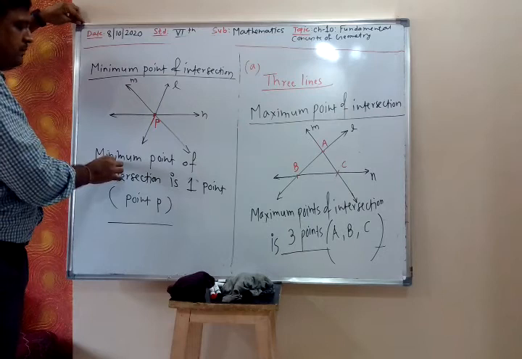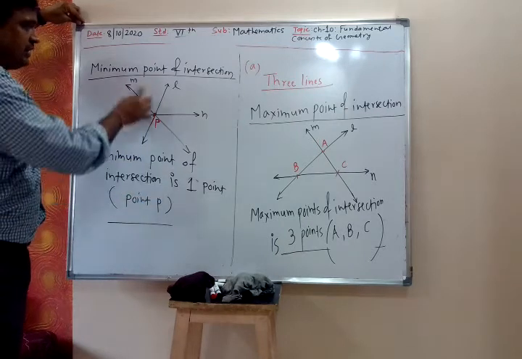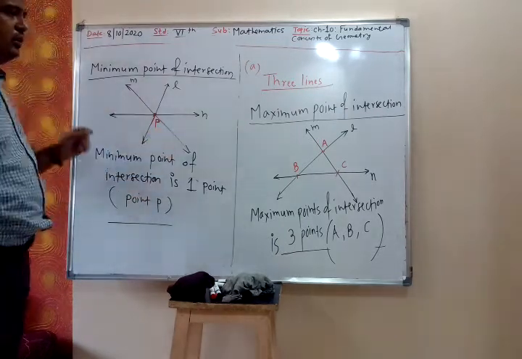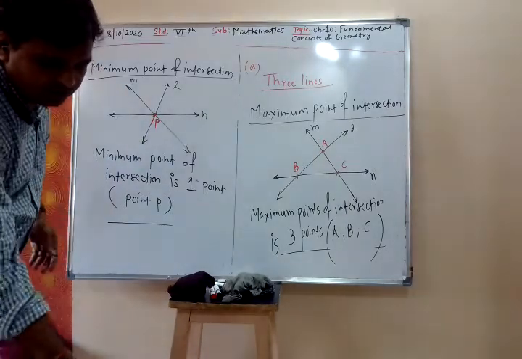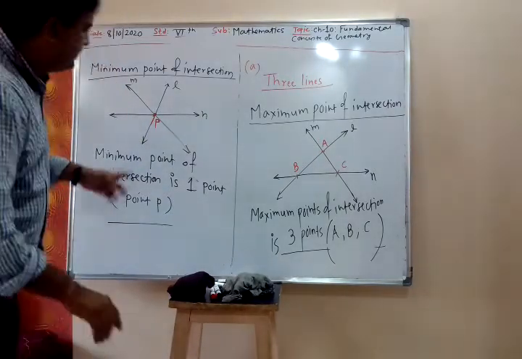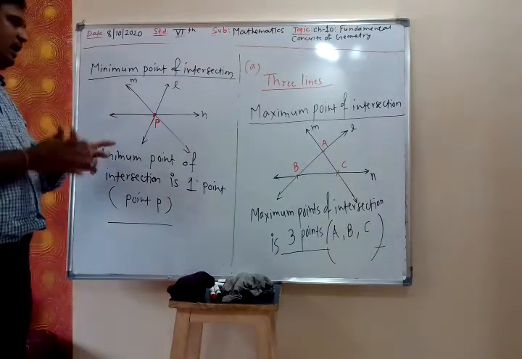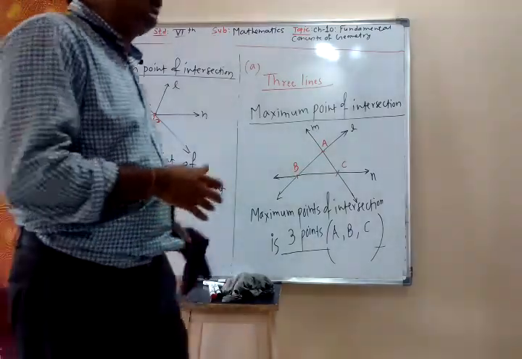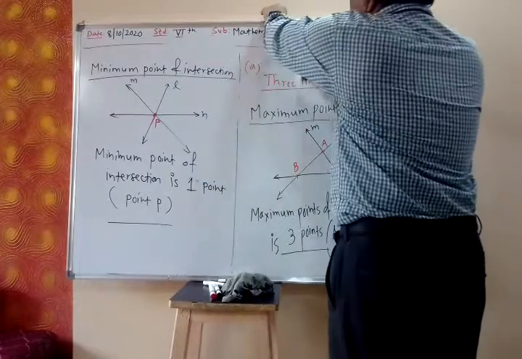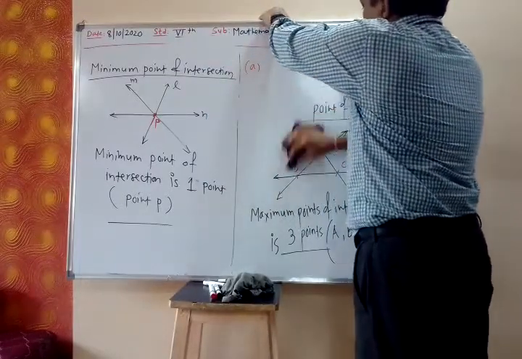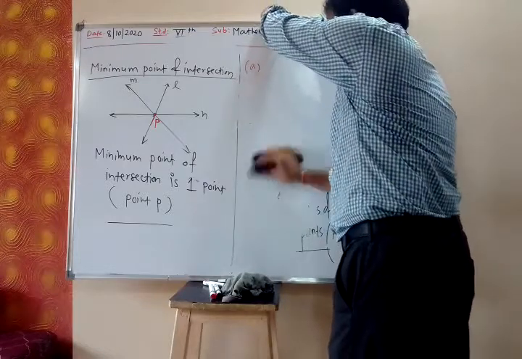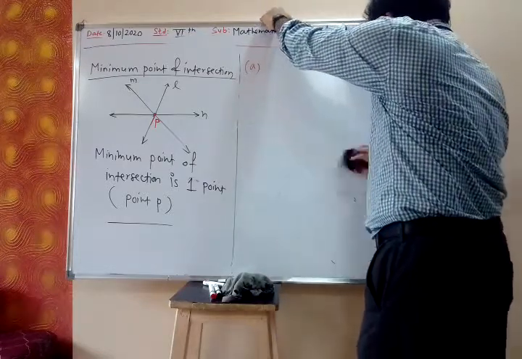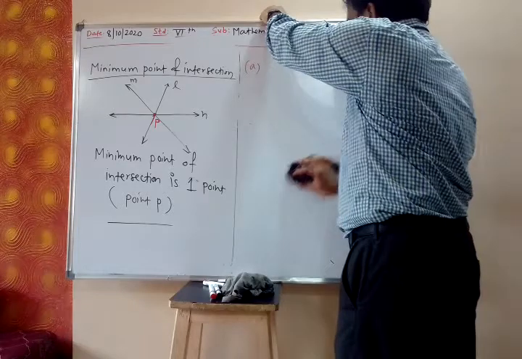So the minimum point of intersection for 3 lines is 1 point, and that point P is the point of intersection, or point of concurrence.